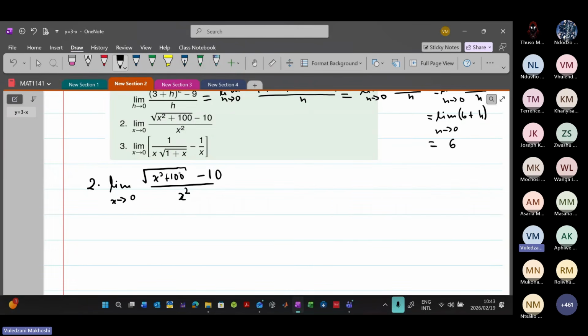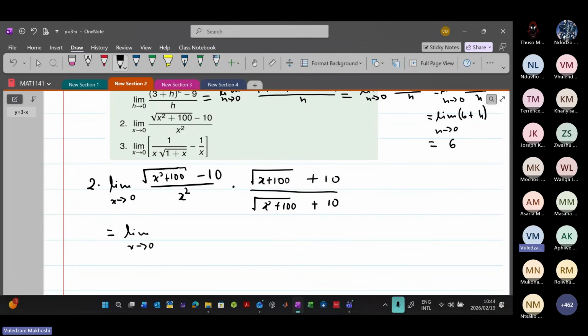So this is giving us 0 over 0 when we are looking at the limit. Therefore, the limit does exist. So what we are going to do is multiply this by 1. We rationalize. We have the square root of x squared plus 100 plus 10, divided by the square root of x squared plus 100 plus 10. And after doing that, we end up with the limit.